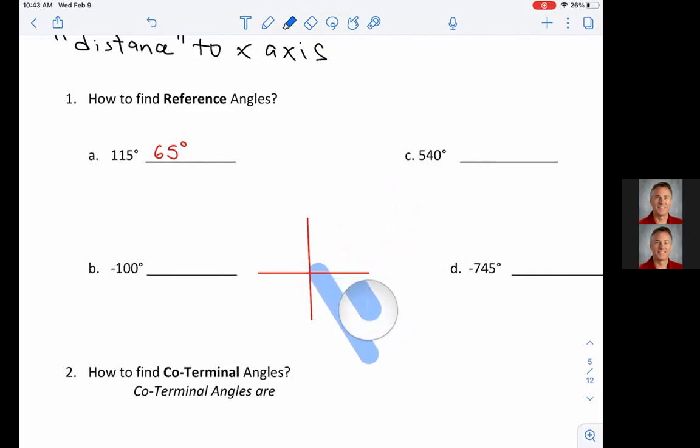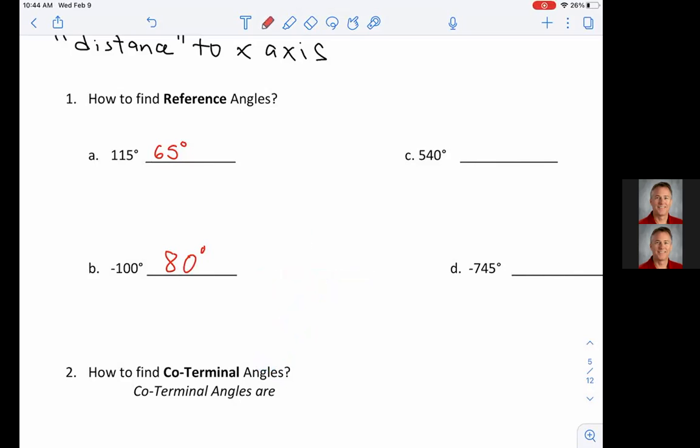And I would go past negative 90 to negative 100 degrees. I'd be down there in the third quadrant. How far away am I from the x-axis? I would be 80 degrees away. Okay, 80 degrees away from the x-axis. That is my reference angle, is 80 degrees.